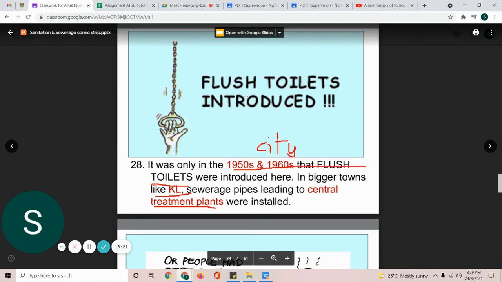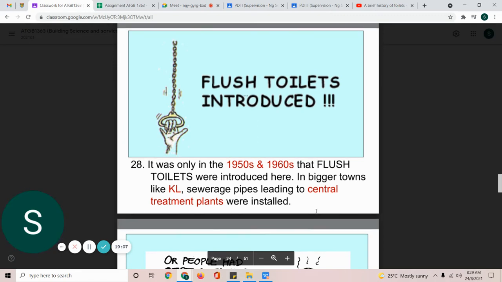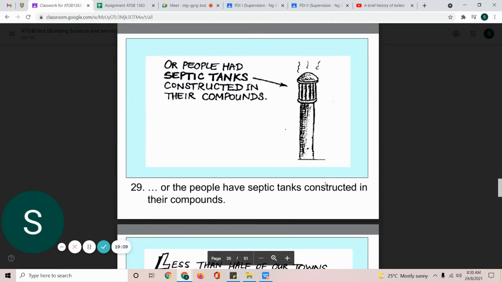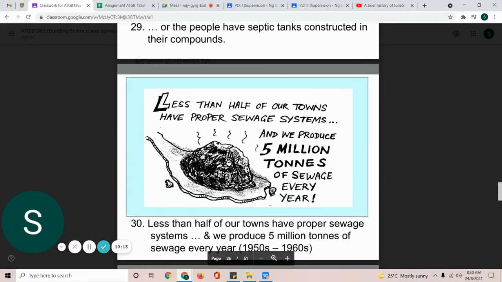If it goes towards small towns or villages, then we don't really have a centralized treatment plant. So if we do not have it, then we have a cesspit or a septic tank, which we'll see later in the lecture slides. As mentioned here, you have a septic tank.